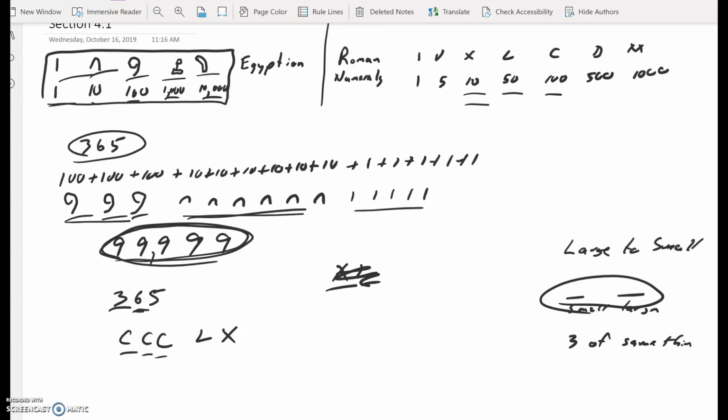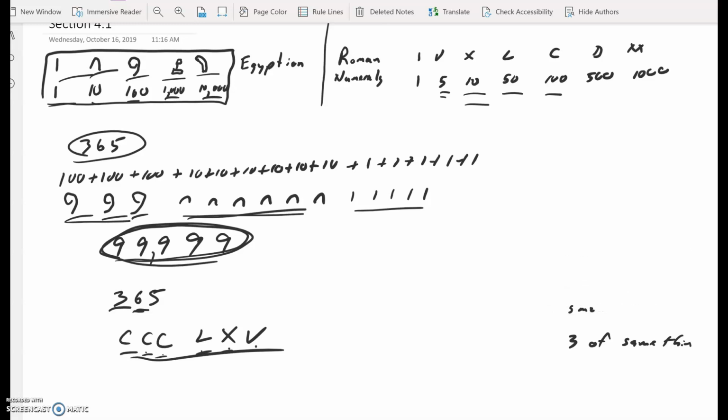So we have 300 plus 50 plus 10, and now we could try 5 ones, but you can only use 3. So we're going to use this. And so for 365, this was relatively simple because we put everything in order, 100, 100, 100, 50, 10, 5, and it was all adding, and that wasn't too bad.